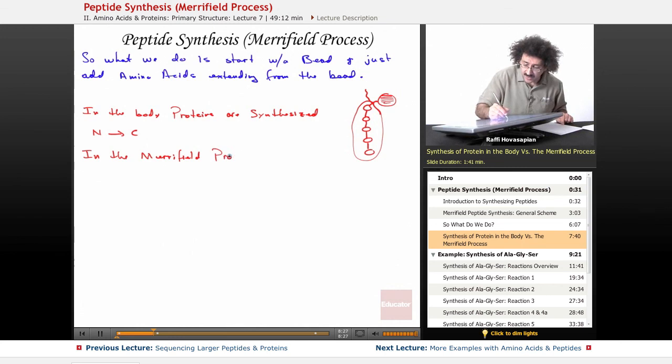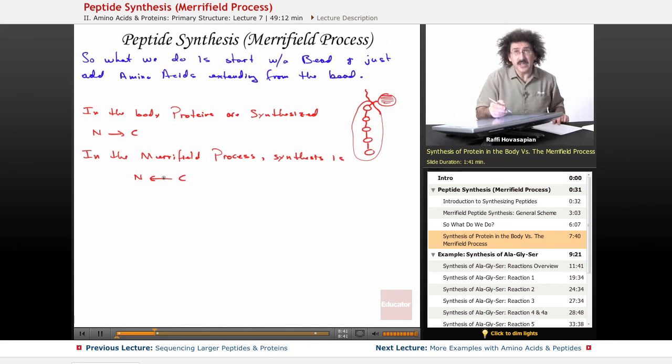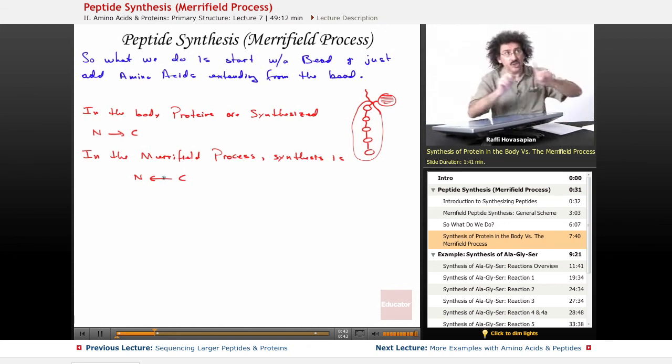In the Merrifield process, I wrote the N and the C in the same place, but now I reverse the arrow. It goes from the carbon end to the nitrogen end. So when we build this protein, we're building it from the carbon, going to the left, right?